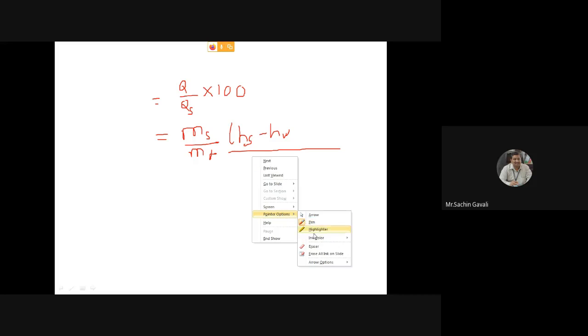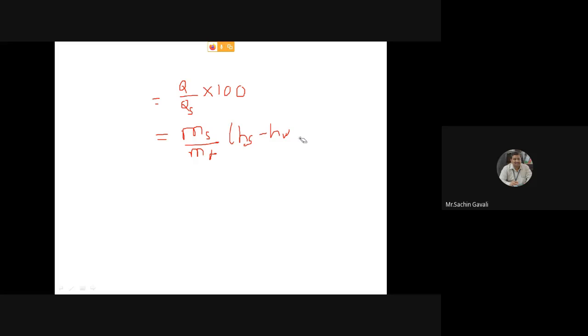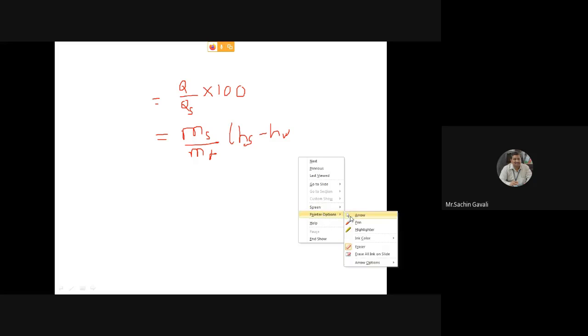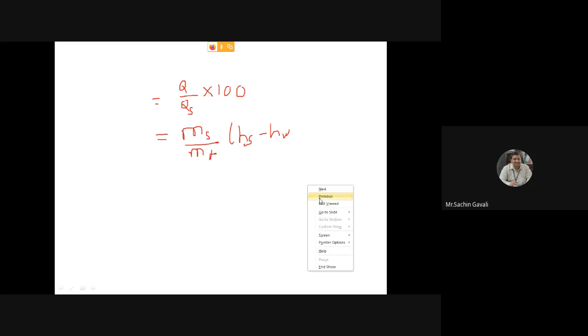MS upon MF into bracket HS minus HW. And QS is equal to 1 upon, QS means what?